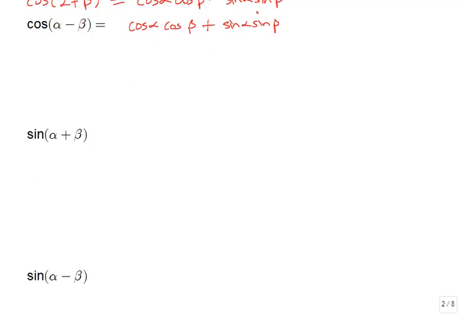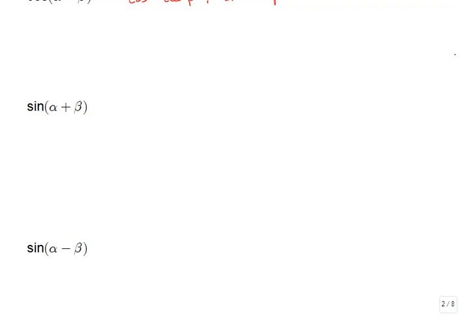Now with a similar proof using cofunctions, you can also prove for sine of alpha and sine of beta what these are. So this is going to turn out to be sine of alpha cosine of beta. Notice it's different. It's not sine sine, it's sine cosine. This is a plus in between, and then this is cosine alpha sine of beta.